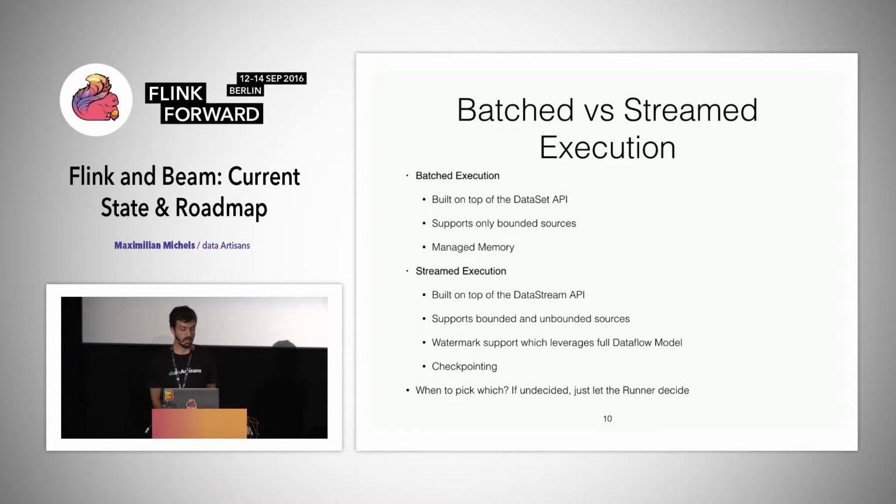So as I already mentioned, the runner has 2 execution modes. This is just, I guess, because of the nature of the Flink runtime, which always had these 2 APIs. It started off with the batch API, but then also had a streaming API. Semantically, I think it's the same as for the Google Cloud Dataflow Runner.